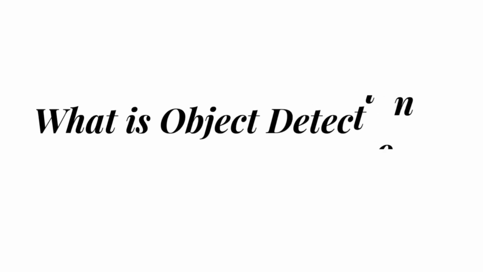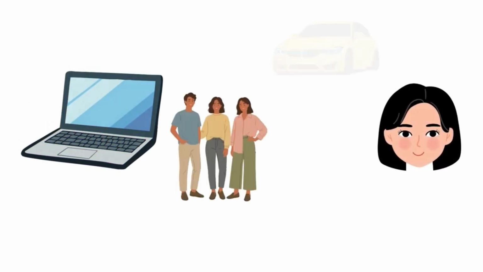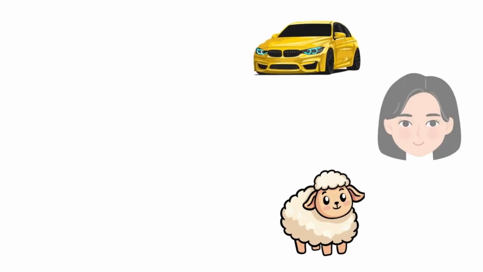So what is object detection? In our previous videos, we learned how to detect colors, contours, and geometric shapes. But what if we want a computer to recognize real-world objects such as people, faces, cars, or animals? That's where object detection comes in. Object detection is one of the most important fields in computer vision.